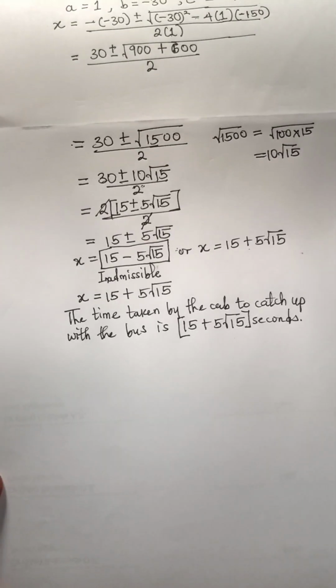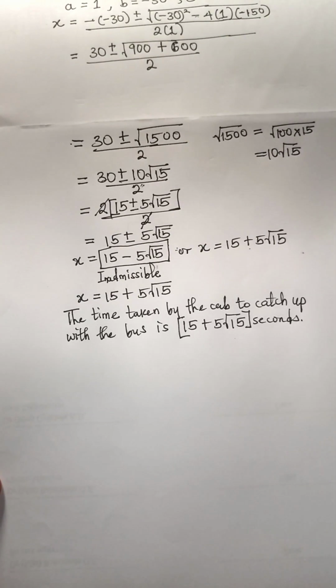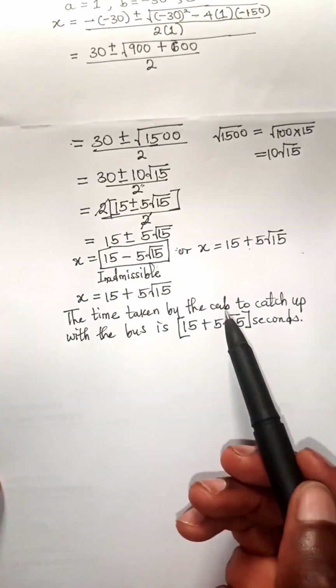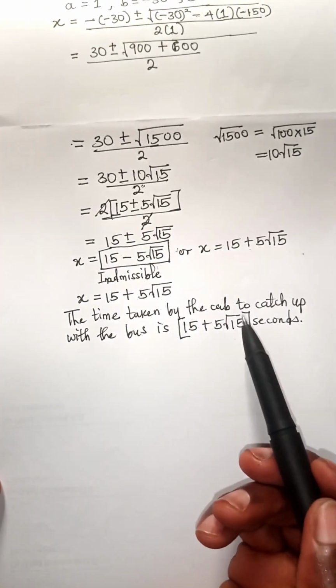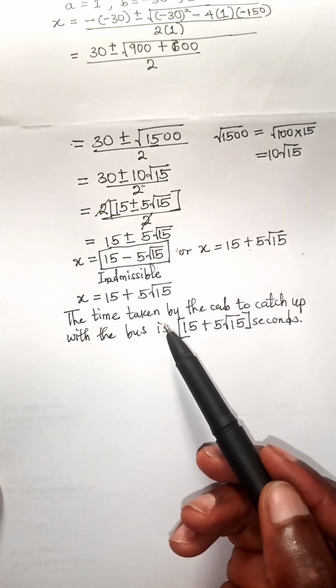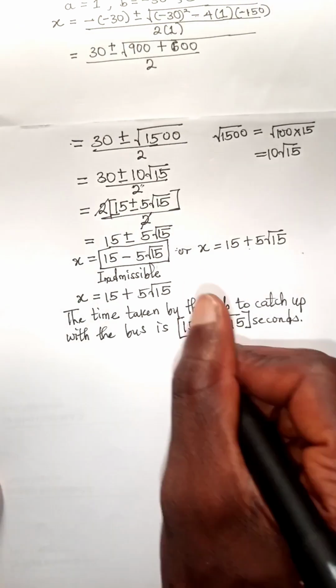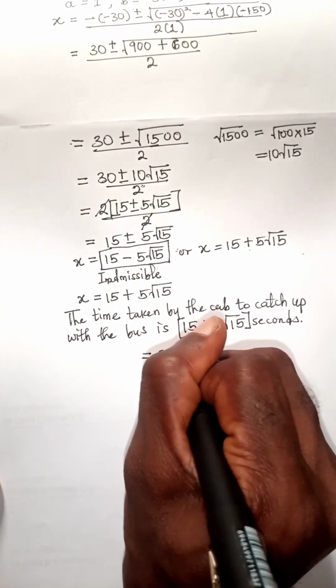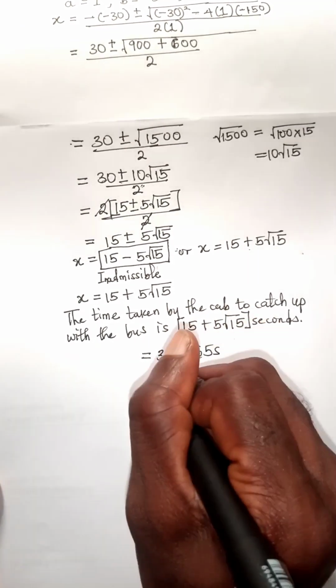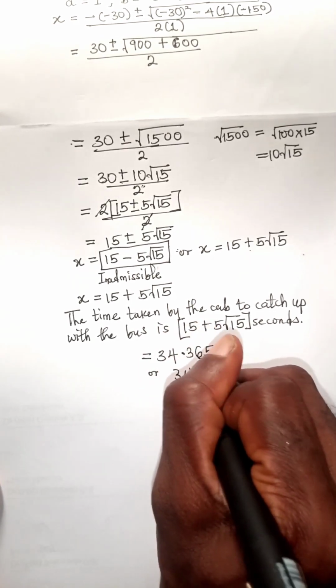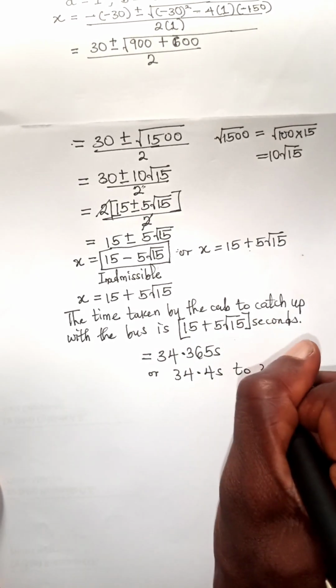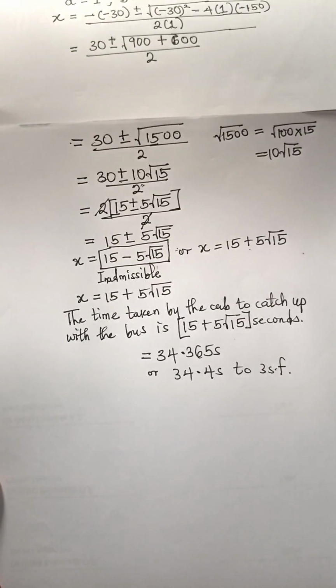We may want to have it as a decimal fraction. So the square root of 15 is about 3.873 multiplied by 5, and then adding 15 will give us something around 34.365 seconds, or 34.4 seconds to 3 significant figures. Now, that is part 1 of the question.